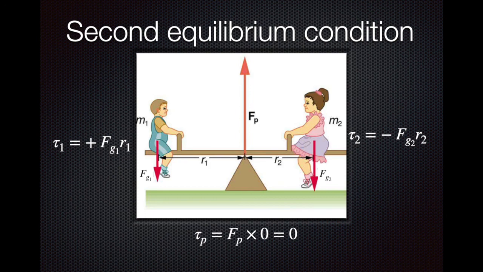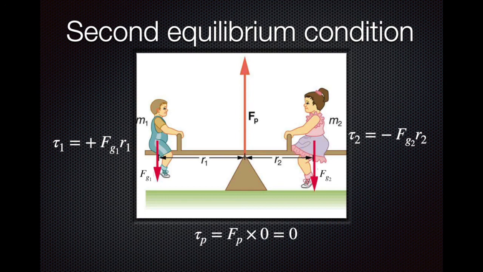Now, if we look at the torque from the child in the blue overalls, the force points down, and the moment arm is horizontal, right? And it's that distance from where the child is sitting to the pivot point. So we can multiply those two together, and you can see that I haven't included an angle.